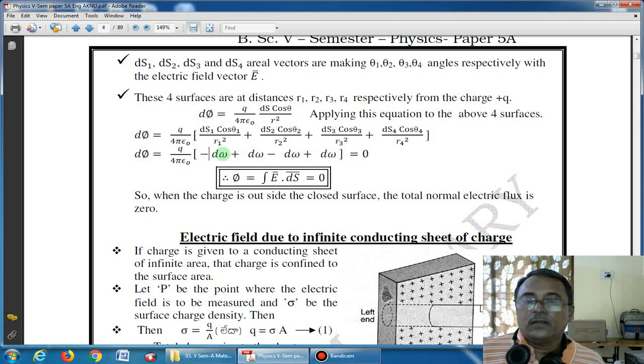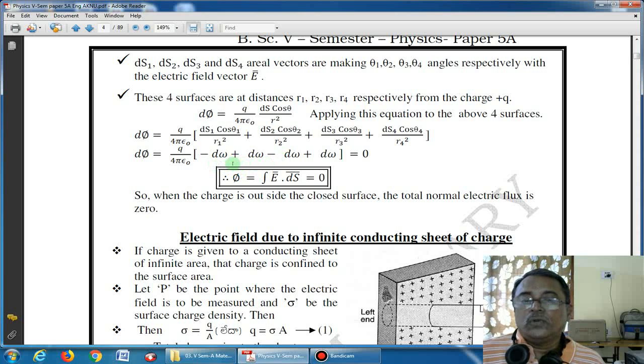So, we will get d omega, d omega, d omega, d omega, but the second one and fourth one, these two are positive. The first d omega value and the third d omega value, these two are negative, because the electric field vector is in opposite sense to the aerial vector ds1 bar and ds3 bar.